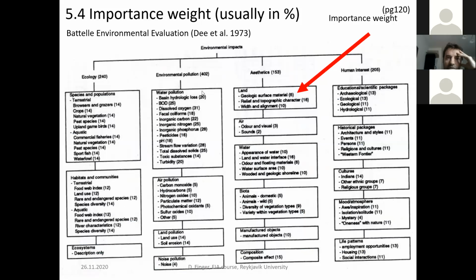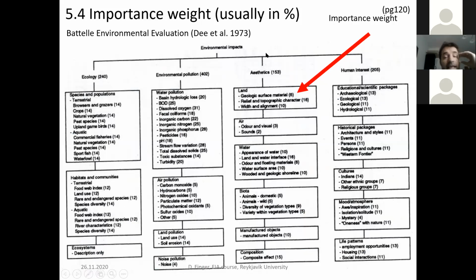What you can also do, if you want to go more into detail and become more mathematical, is try to give each individual impact that you identify a weighted value. In this particular case, you have sectors: human interests, aesthetics, environmental pollution, and ecology.